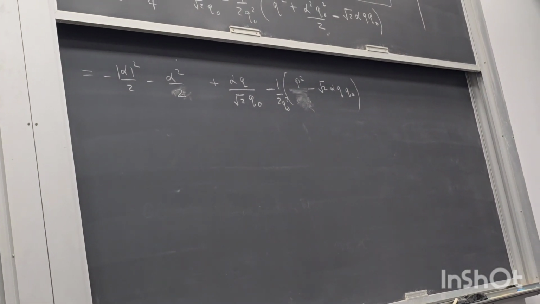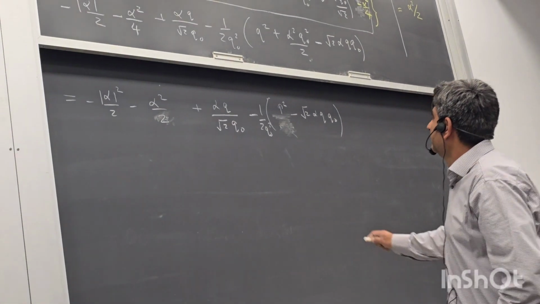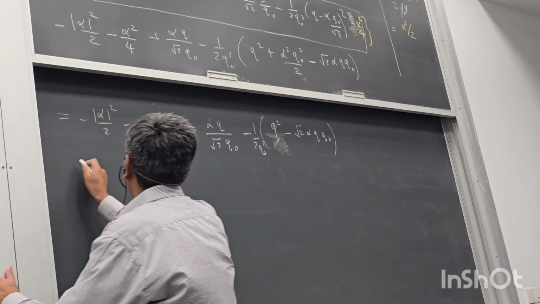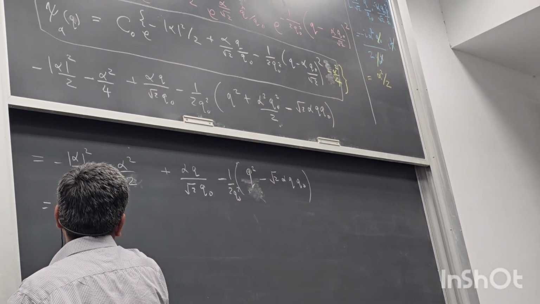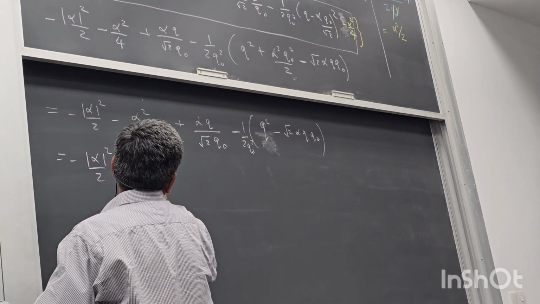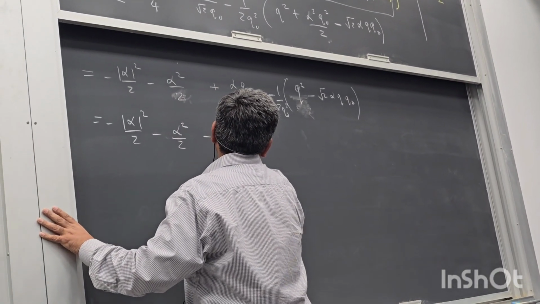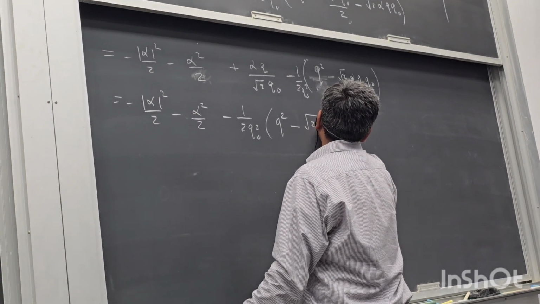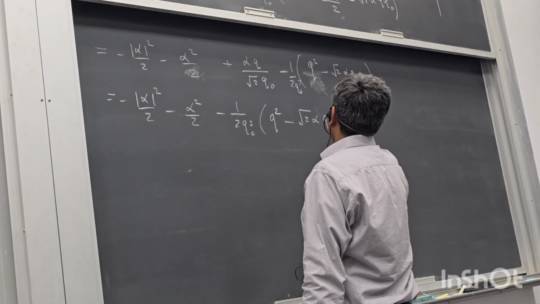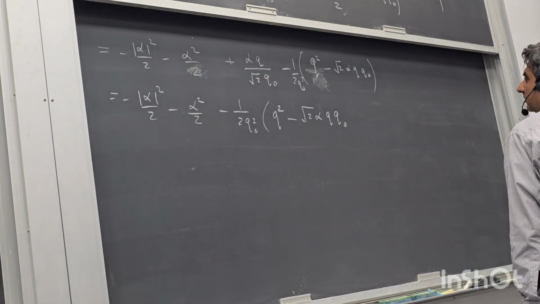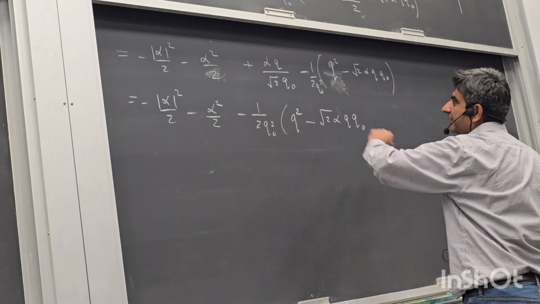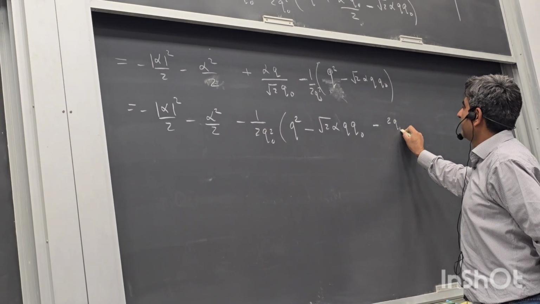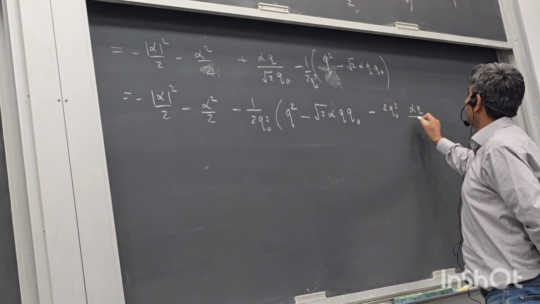Got it? So this becomes, what I would like to do now is minus alpha mod square over 2 minus alpha square over 2 minus 1 over 2 q naught square q square minus under root 2 alpha q q naught. Alright, and then I want to put this inside the bracket, so I put minus 2 q naught square alpha q under root 2 q naught.